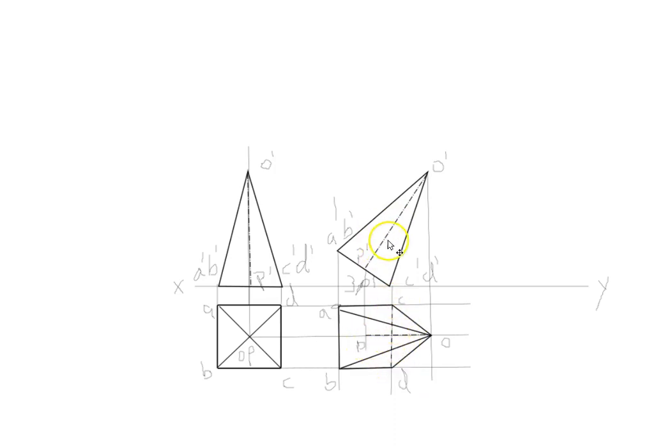Center lines normally are represented by a dash and a dot. You have a dash, a dot, a dash, a dot. Or there is another way where you have big dash, small dash, big dash, small dash. There is also another way of drawing the center line. So always center lines and axes have to be drawn using dash dots.